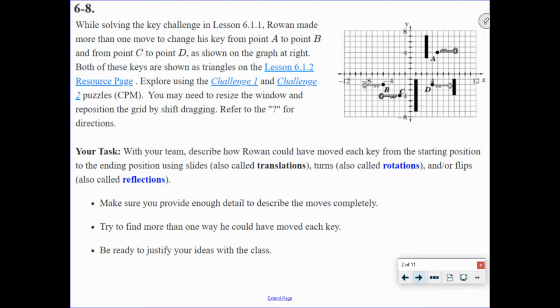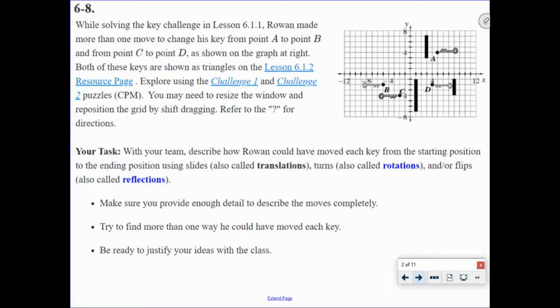I really want you to use a handout, okay? So your task: you are going to describe how Rowan could have moved each key from the starting position to the ending position using slides, also called translations, turns, also called rotations, and/or flips, also called reflections. Now, here are the key things you have to do.